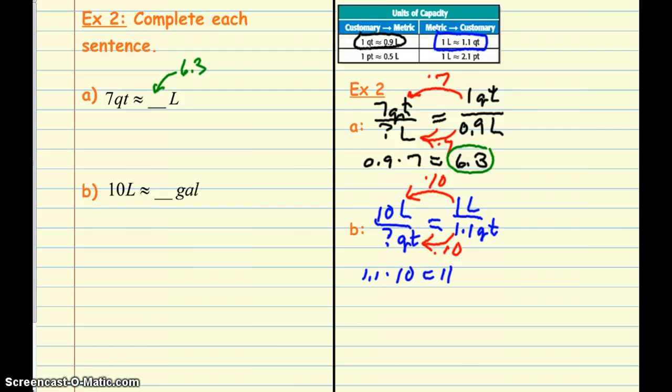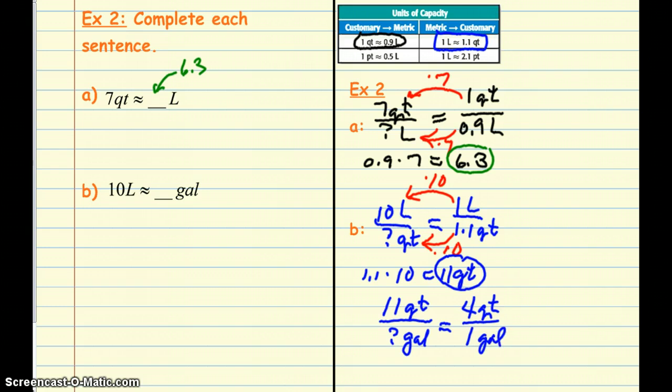Now we want to go from quarts to gallons. We're going to use the 11 quarts we just figured out, and we want to figure out how many gallons this is. It's not in the table, but it is known that 4 quarts is equal to 1 gallon. In this case, our multiplication isn't as easy to go from 4 to 11. So the next strategy I would suggest is cross multiplication and divide.